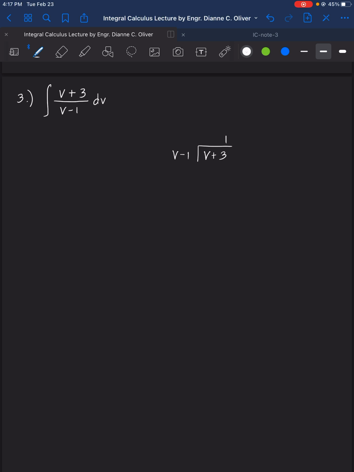Put 1 here. 1 times (v - 1), so this is minus, this becomes plus. This is 0. Then bring down 4, positive 4, so we can just remove the 0.